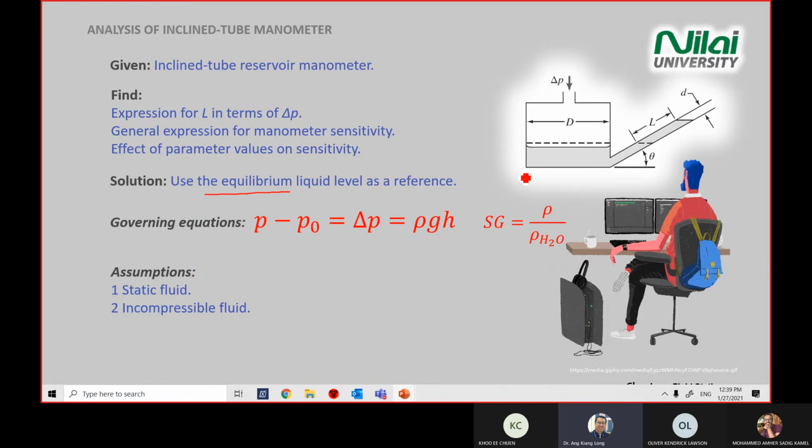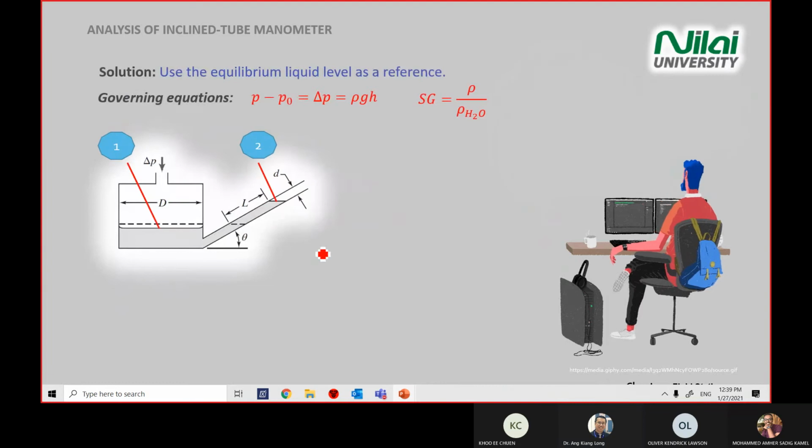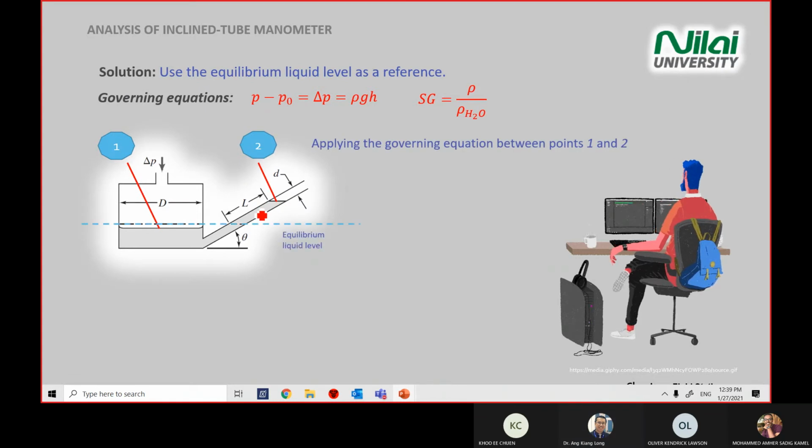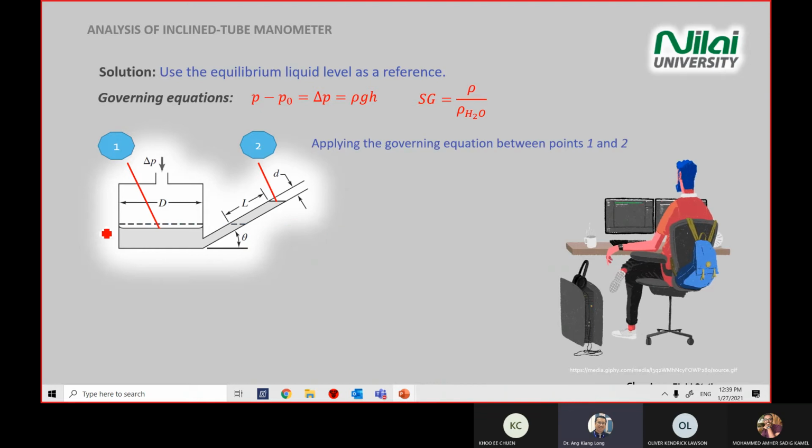And we assume that we have a static fluid and incompressible fluid there. So we label point 1, point 2, and in the diagram the dotted line is an equivalent liquid level. It means the pressure at this point will be the same as the pressure at this point.